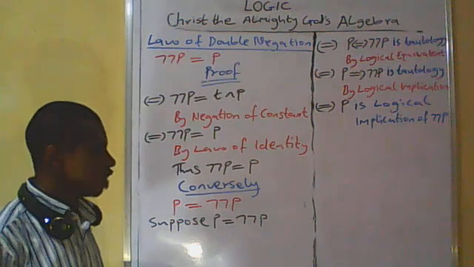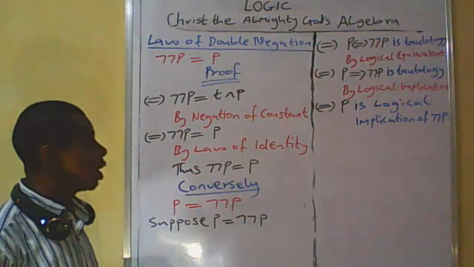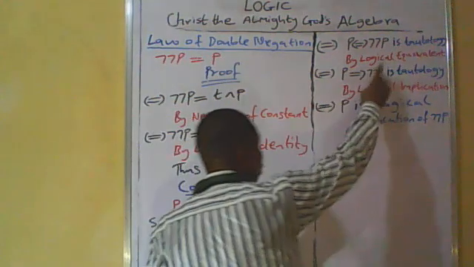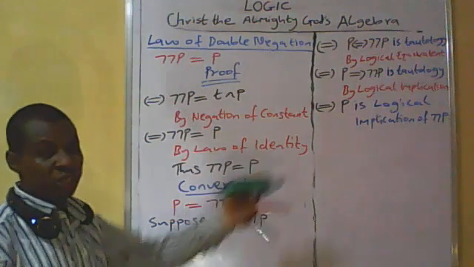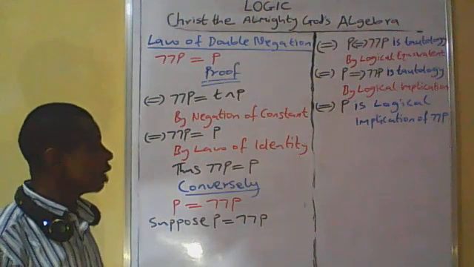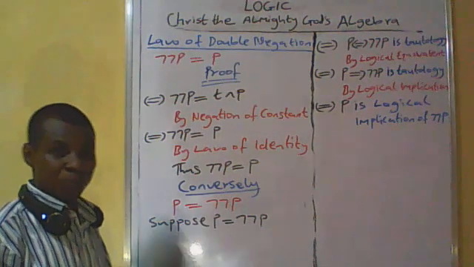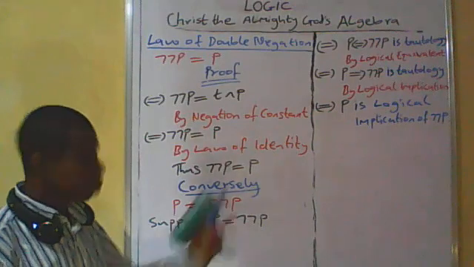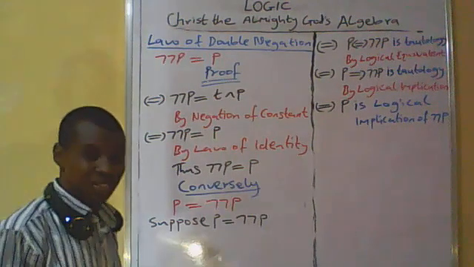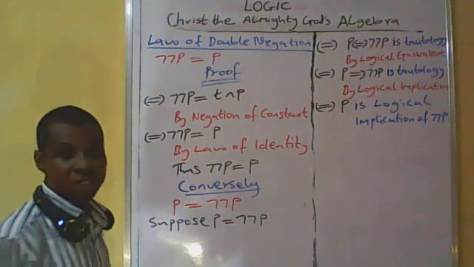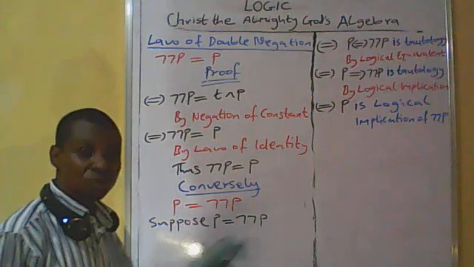Since P implies not P is a tautology, that means the logical statement is a tautology. We then say that P, the antecedent, is a proper implication of the consequent not P. So since it is the case, it is certain that P exists. Since it's certain that P exists, you say that P is a logical implication of not P.